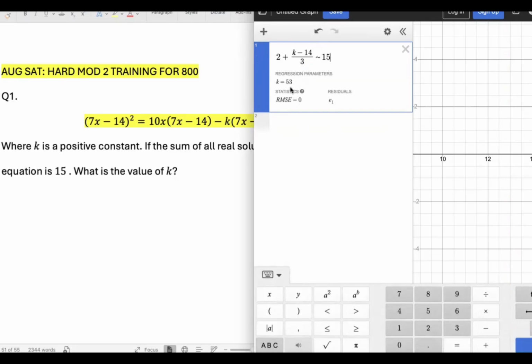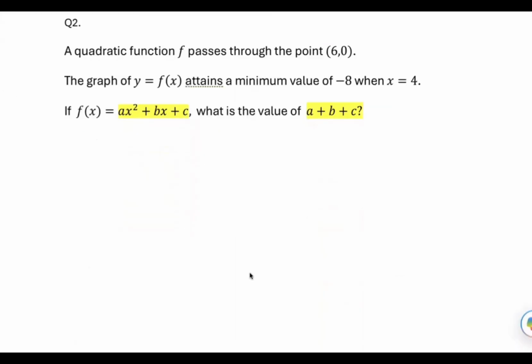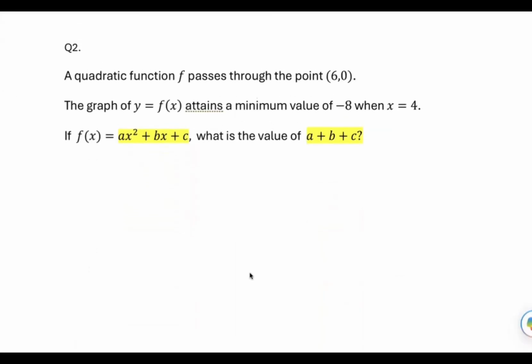So with the algebra, the first solution was 2 and the second solution was K minus 14 over 3. If you solve both of them, you're going to get 53. And this is how you can solve it with algebra and Desmos. Straightforward, like I said, we're learning concept and how to deal with this kind of question that will prepare us for Module 2.